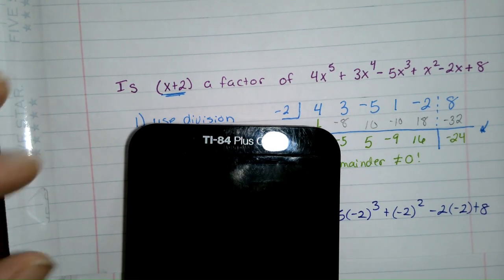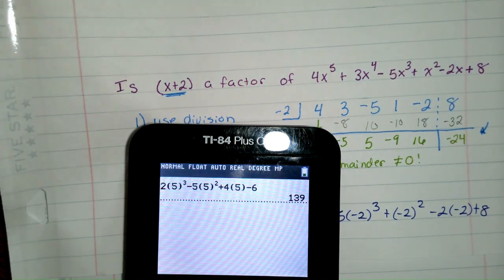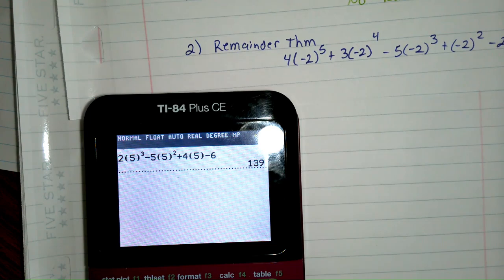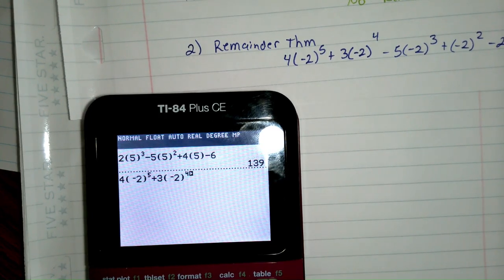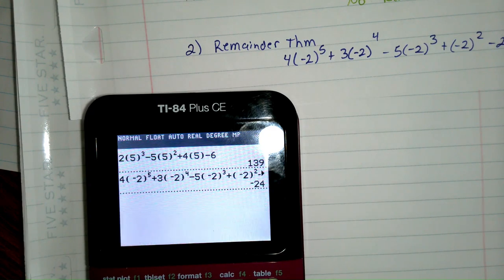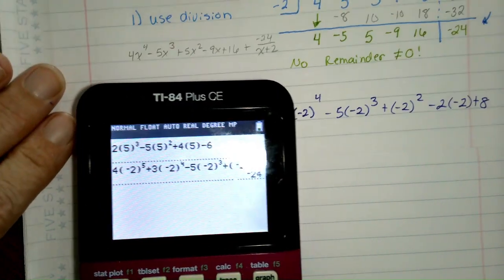And then notice I'm putting the powers on the outside of the parentheses. That's very big. And there's that remainder, negative 24, which is what we said it would be.